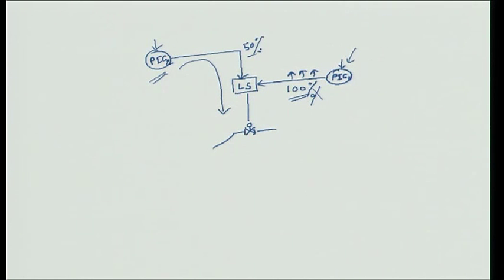Now let us say the operating condition changes, and control has to pass from this controller to that controller. Now this output is at 100%. The integral action in this controller caused this output to reach its saturation limit. Now this controller has to unwind from 100% to 50% before control passes from here to here.